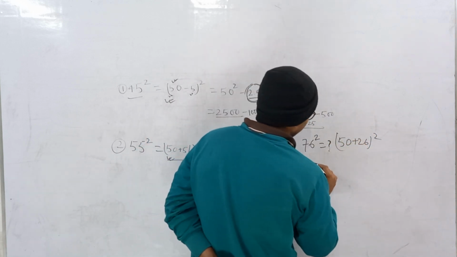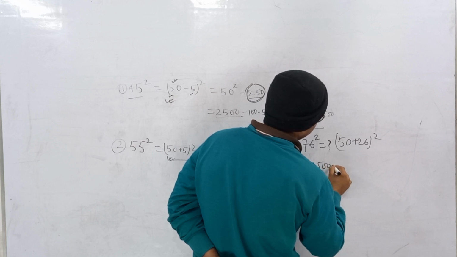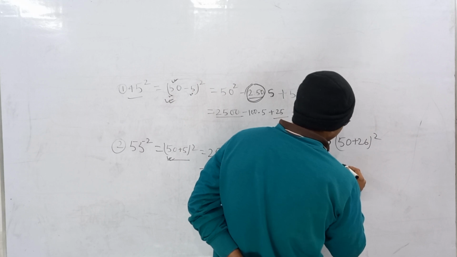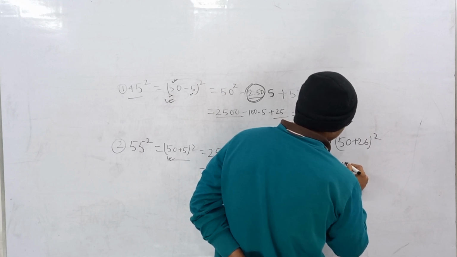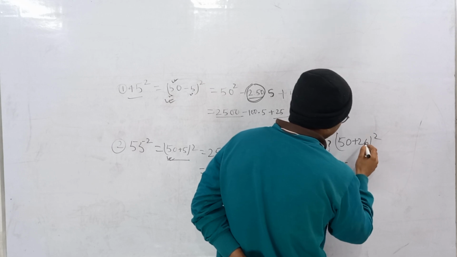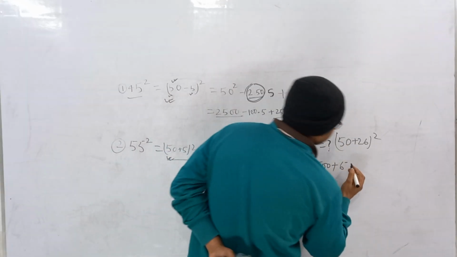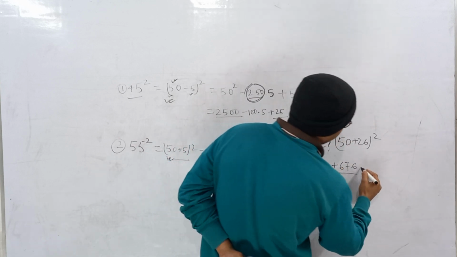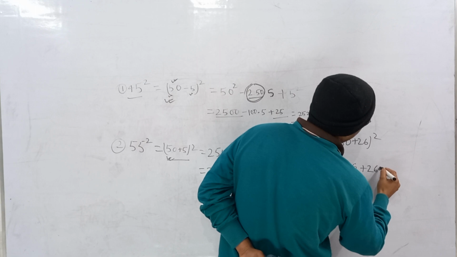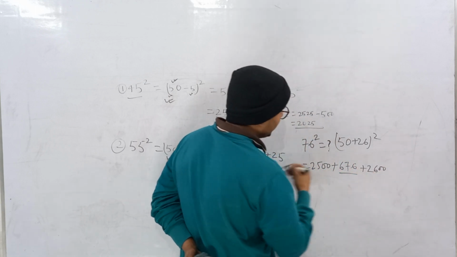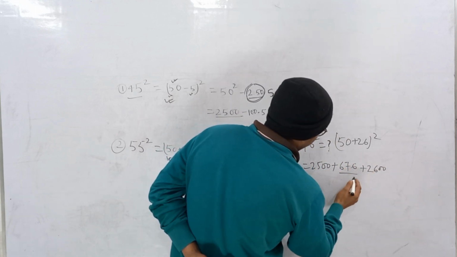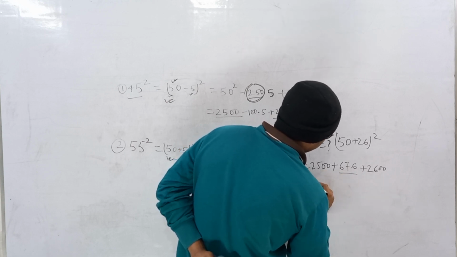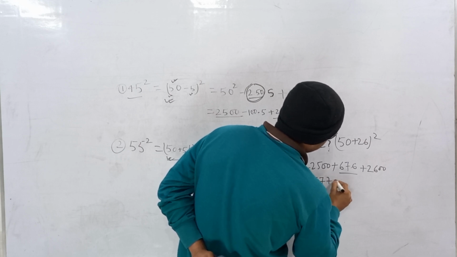So 50 square means 2500, plus 26 square, which is 676. You can easily add it, and then again add 2600. So from here you get 5776.